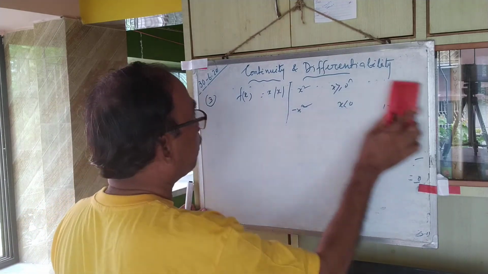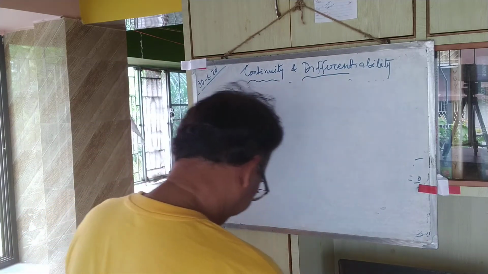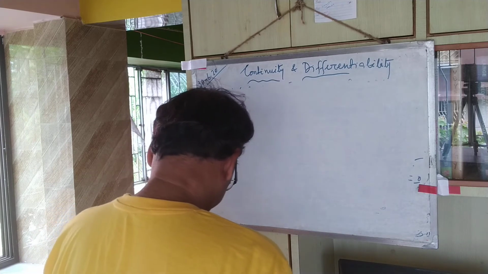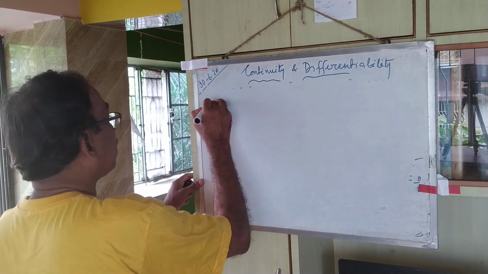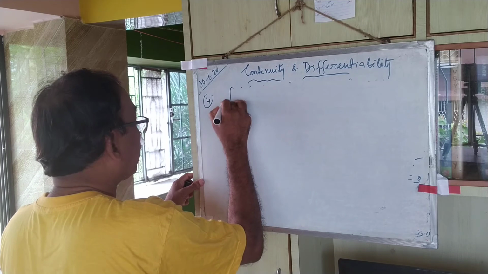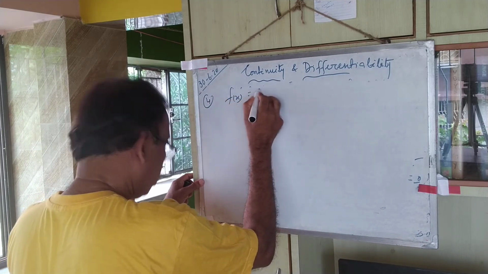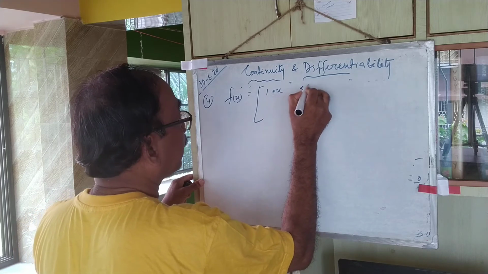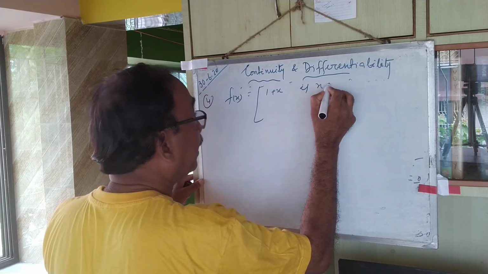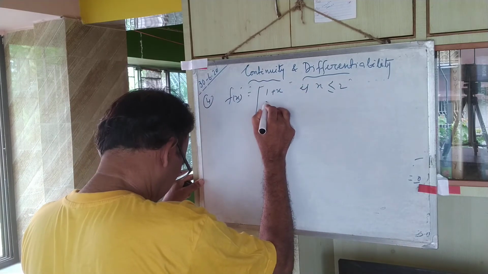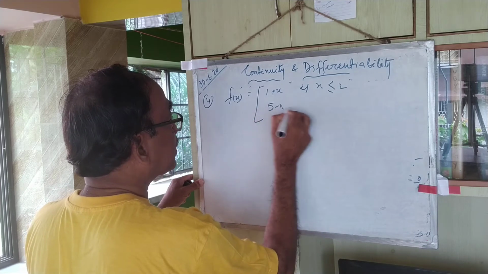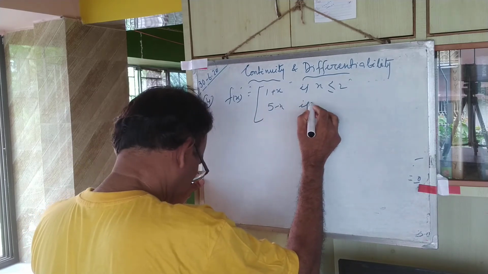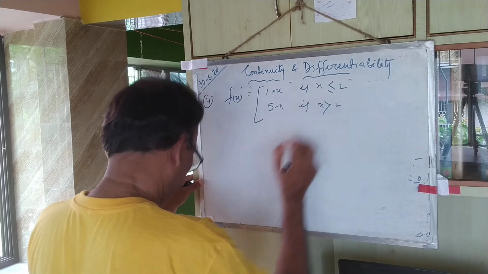Next, sum number 4. It is a very good sum. Here f(x) equals 1 plus x if x is less than or equal to 2, or 5 minus x if x is greater than 2.